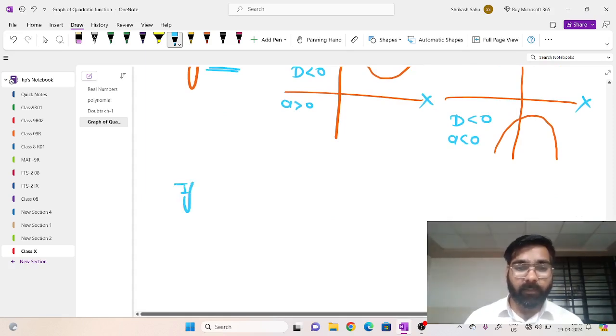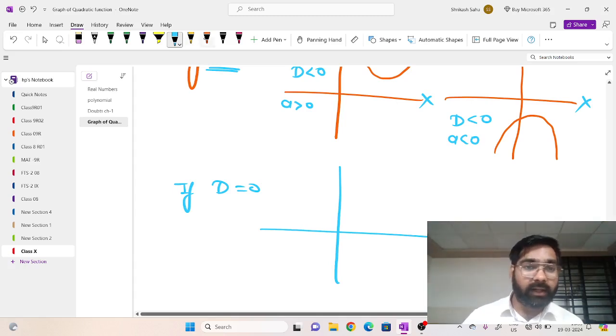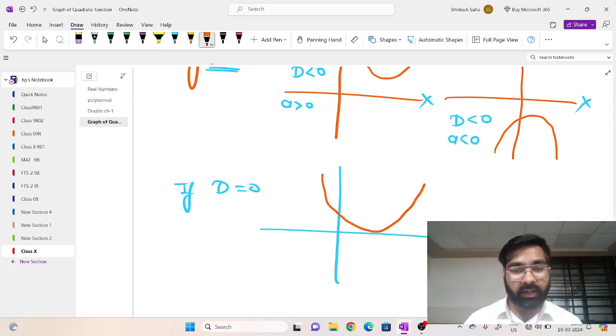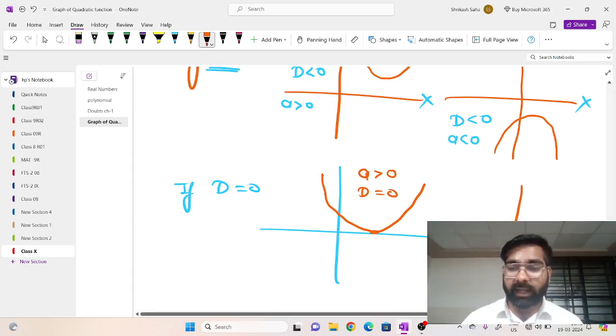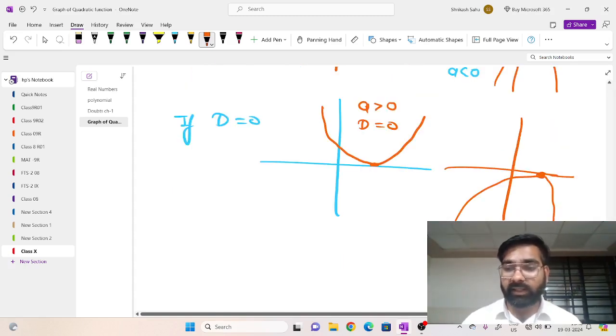If D is equal to 0, then the graph of the function always touches the x-axis at only one point. In this case, we say that a is greater than 0 and D is equal to 0. Or second case, it will be like this. It touches the x-axis at only one point. In this case, we also define that D is equal to 0 and a is less than 0.